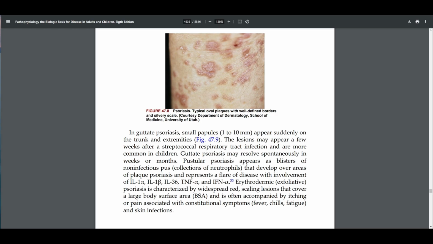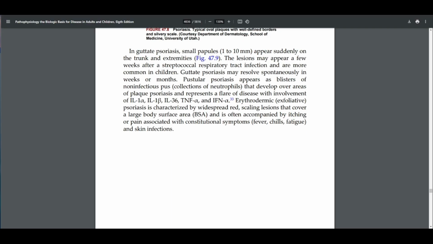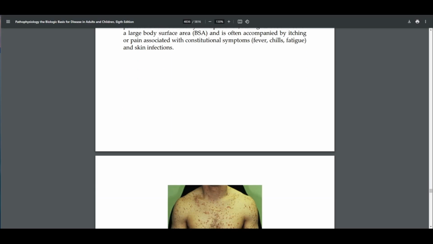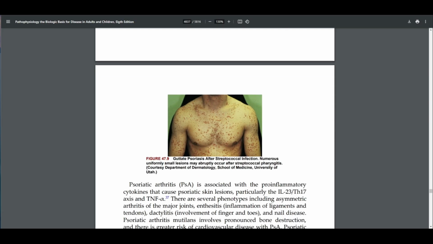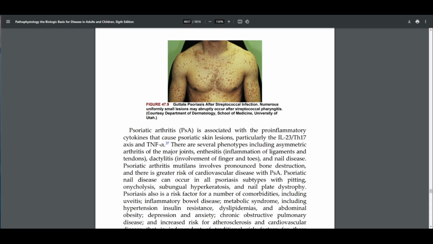Erythrodermic psoriasis is characterized by widespread red, scaling lesions that cover a large body surface area and is often accompanied by itching or pain associated with constitutional symptoms and skin infections. So your fever, your chills, your fatigue. So here you're taking a look at your guttate psoriasis after a streptococcal infection.